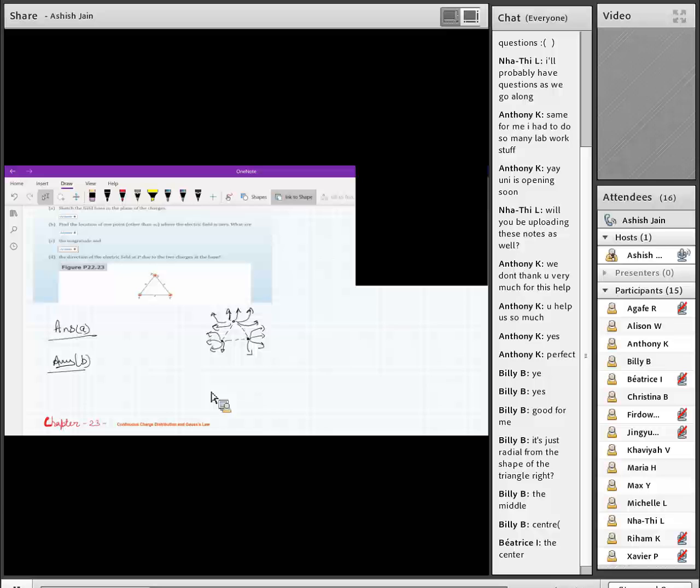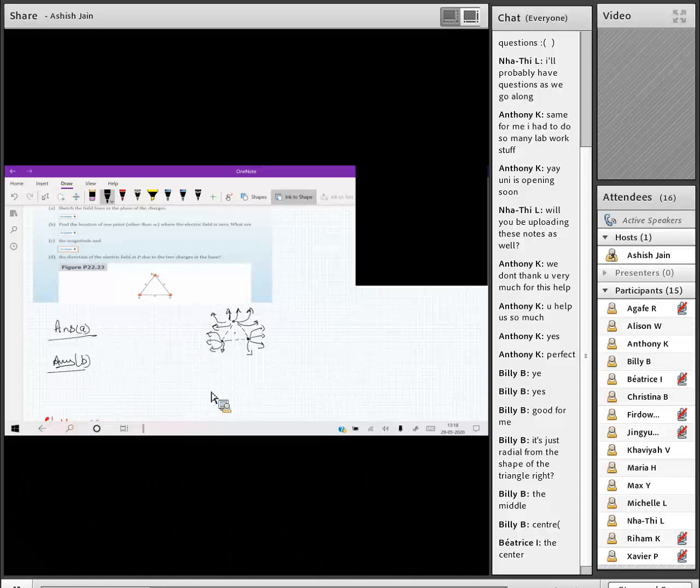The answer is the center. So at the center point, there is no electric field. There are electric field lines, but they cancel each other. That's why I have not drawn them, and why I've drawn them like this, pointing out from the center of the triangle. Okay, I think that addresses your question, Billy.